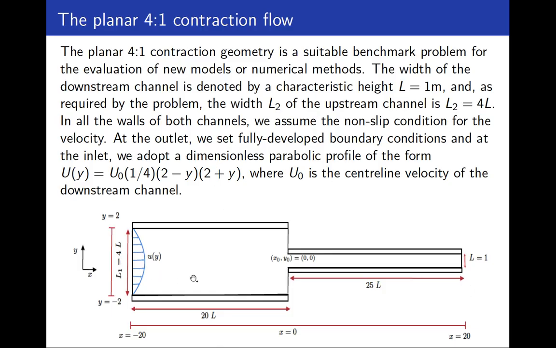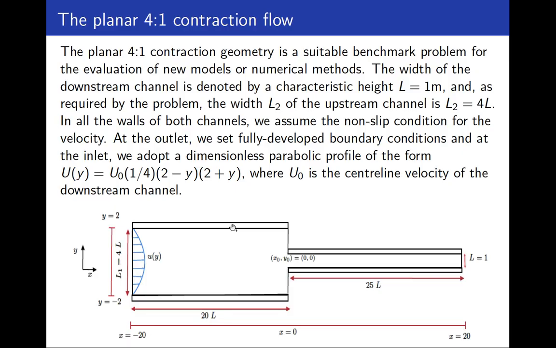In order to simulate this kind of geometry, in CFD we also impose a parabolic profile that adopts this form, where u0 is the central line velocity of this channel. Also, we impose boundary conditions here.